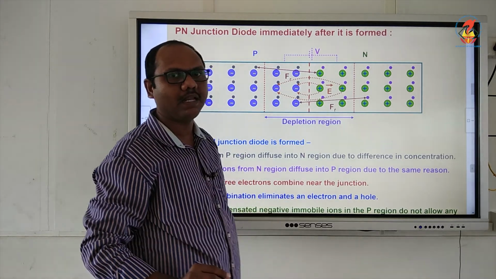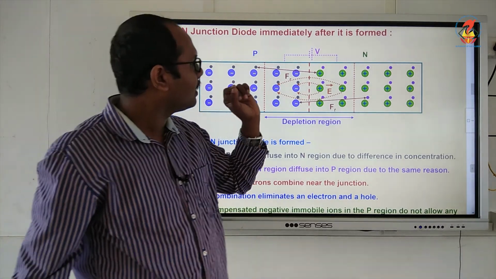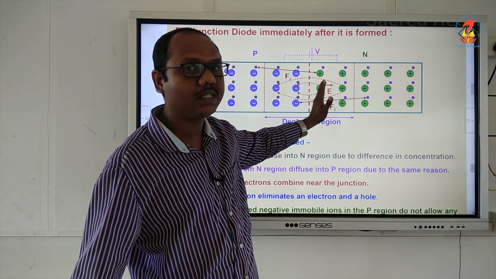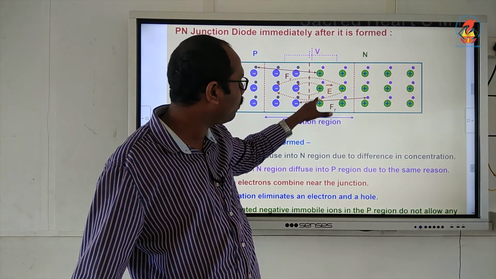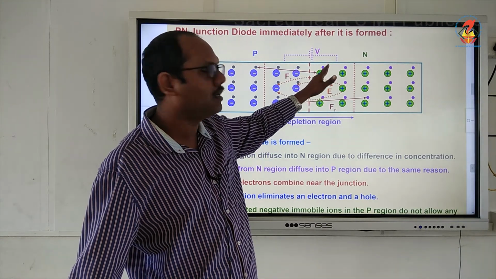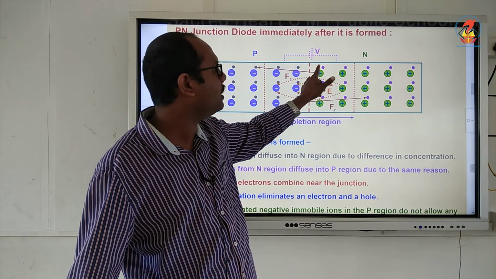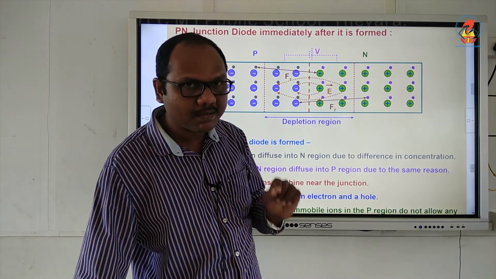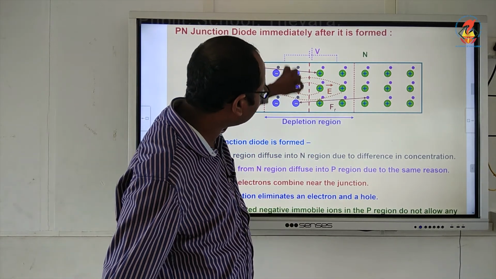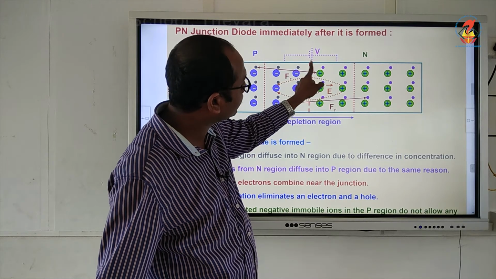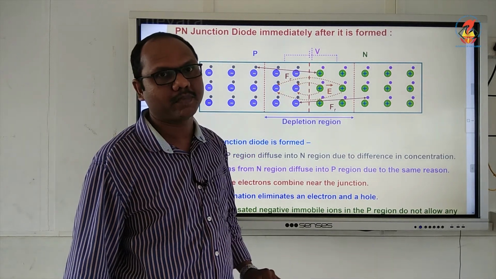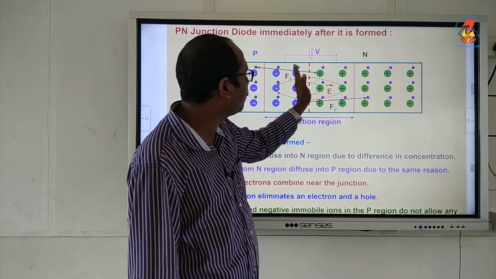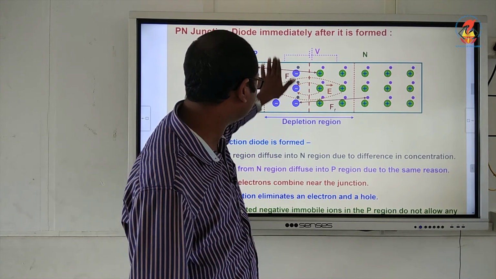Due to the electric field, the holes on the N side, adjacent to the junction, will jump towards P. Similarly, electrons just near the junction will drift towards N. This happens only just on both sides of the junction, not in all these spaces.